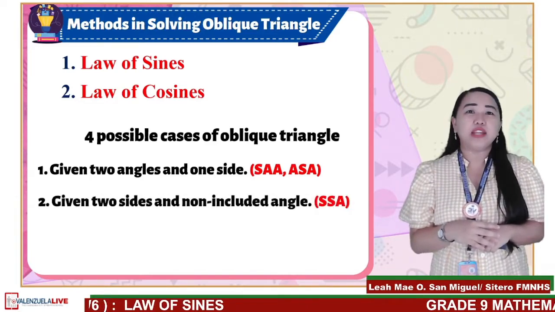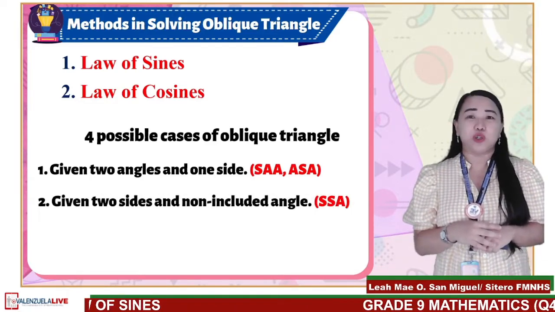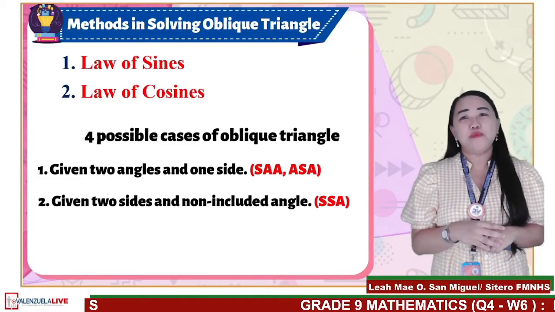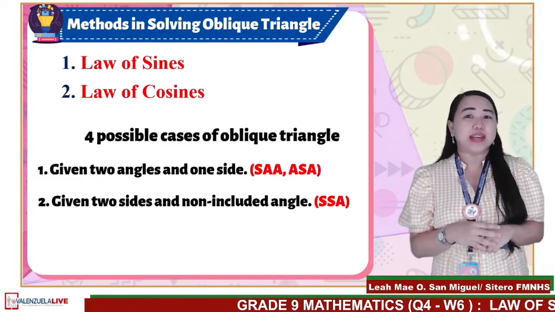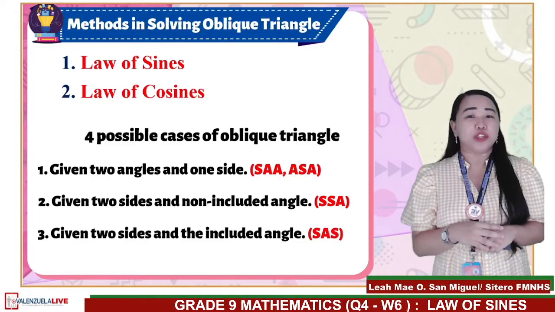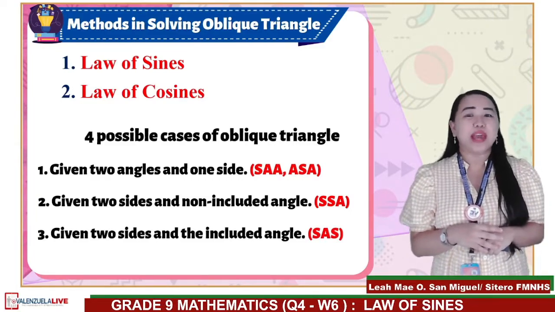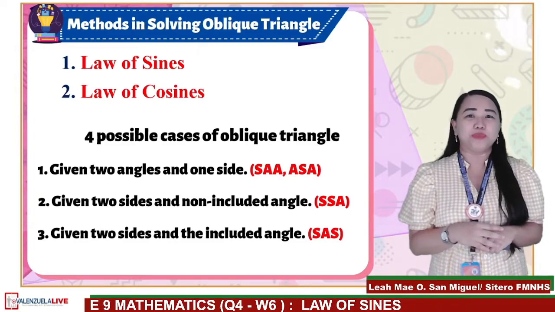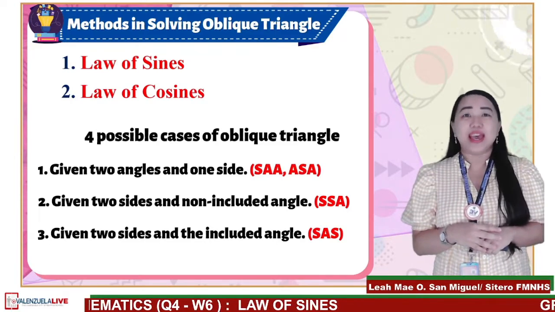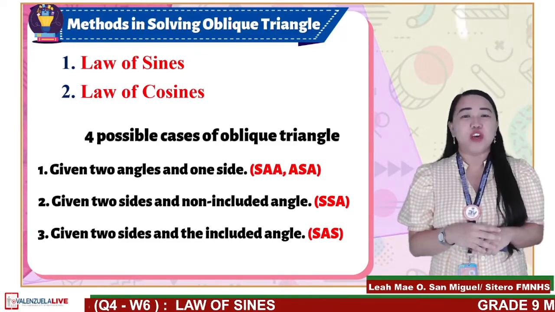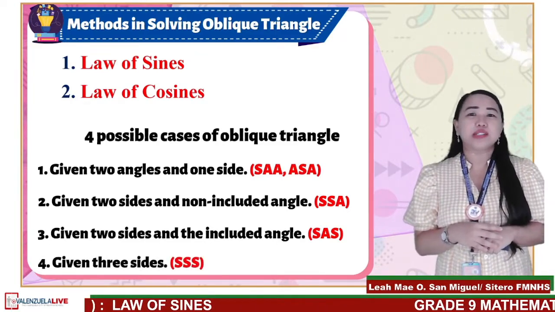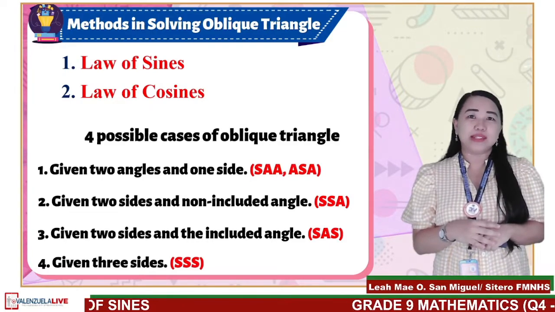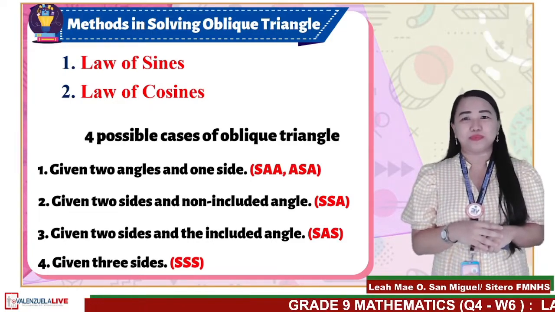Second, given the two sides and a non-included angle. The acronym for this triangle is SSA. Third, given the two sides and the included angle. The acronym for this is SAS. Fourth, given the three sides, the acronym is SSS.